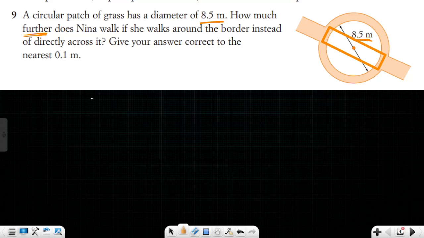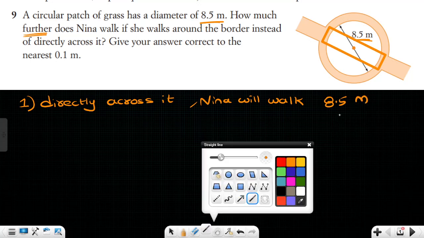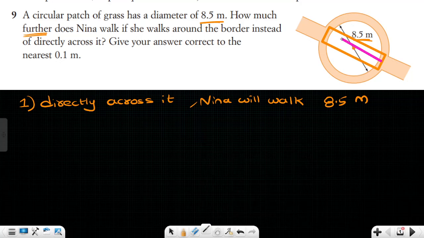If we calculate walking directly across it, Nina will walk 8.5 meters, exactly the diameter length, because this length, that pink color line, is nothing but the diameter, right? So she walks exactly 8.5 meters.